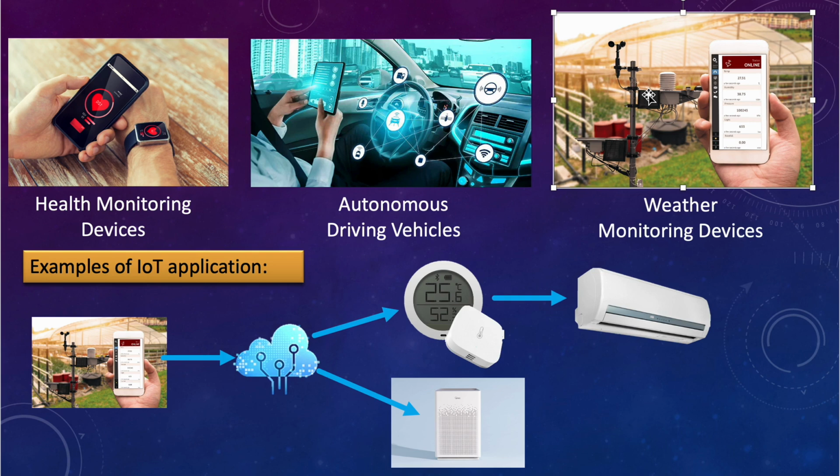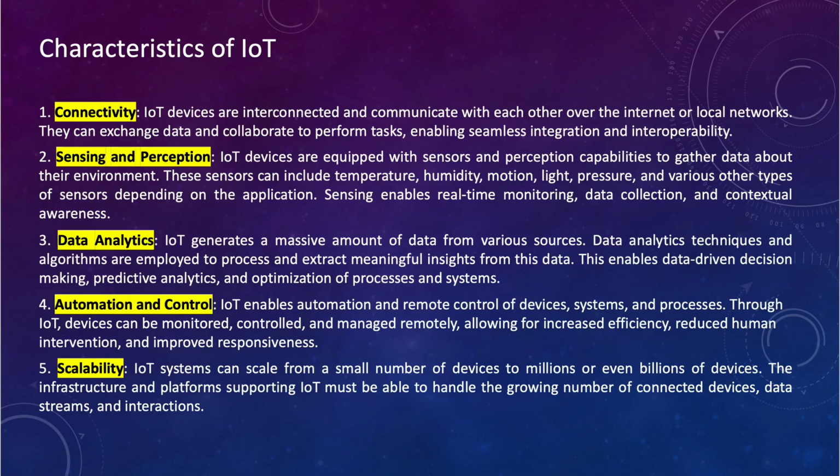That means a large amount of data is being fed into the cloud, and that data should be processed in real time. Now we go into how the application part happens, how the application of IoT takes place. It says a massive amount of data from various sources.